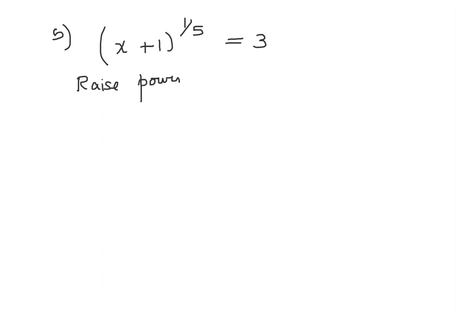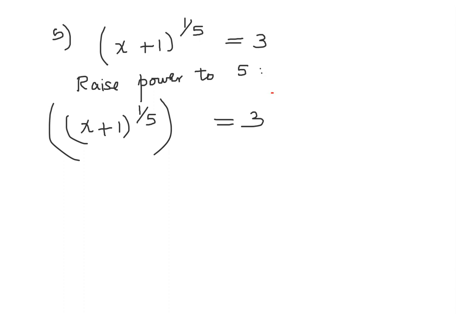And number 5, we have x plus 1 to the power 1/5 equal to 3. Since it's 1/5, we have to raise the power to 5. The reciprocal of 1/5 is 5. So that's what we basically need to do. We have to raise the power to the reciprocal of the power, which is going to be just x plus 1.